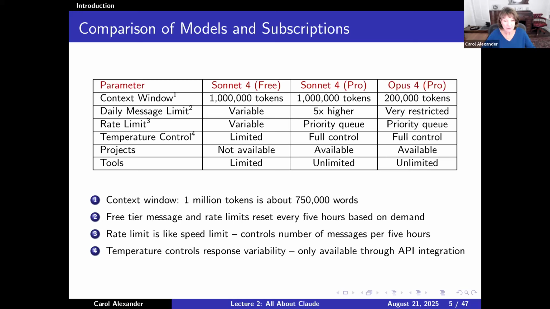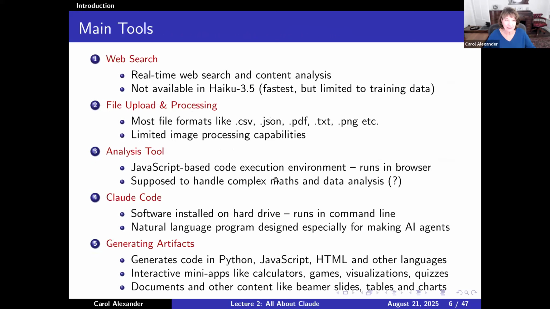So we just went through temperature and API integration. Now the tools, there's a web search tool, at least not in that Haiku one. The Haiku 3.5 that's available is very, very fast, but it's limited to the data it was trained on, which was before Claude 4.